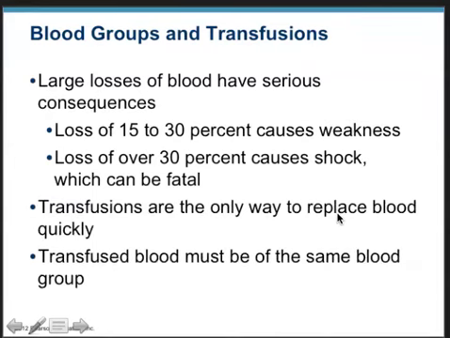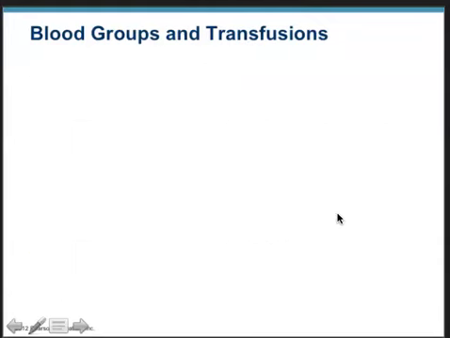The transfused blood has to be of the same blood group, or else the antibodies that are present in the recipient's plasma will recognize an antigen that isn't present on its own red blood cells and will cause that incoming blood to agglutinate. And that will be the same as having multiple emboli all over the place, in the sense that these agglutinated red blood cells will block capillary beds and choke off blood flow to downstream tissue that can result in tissue necrosis and death.